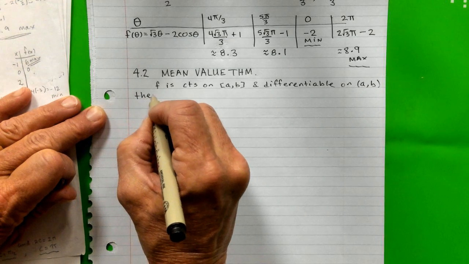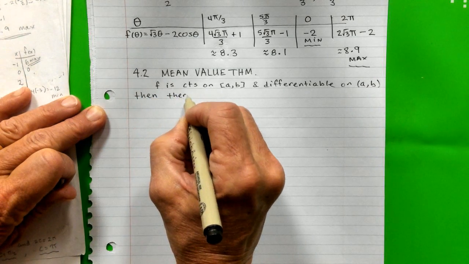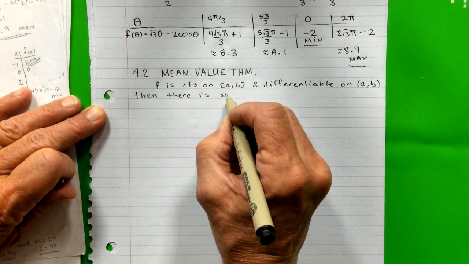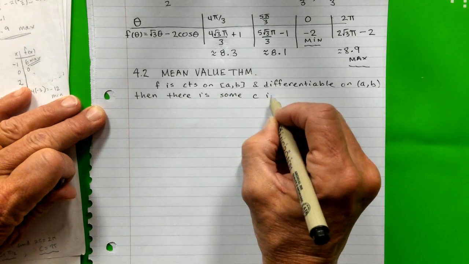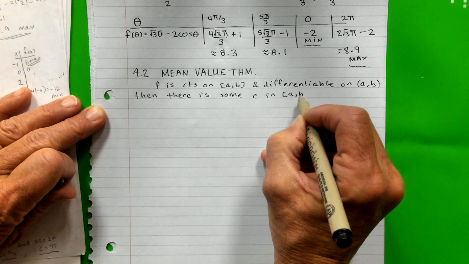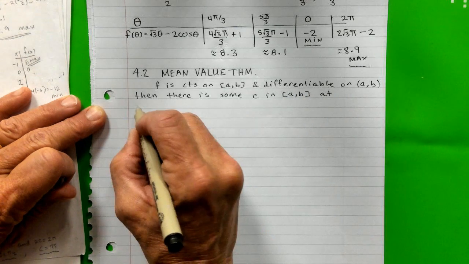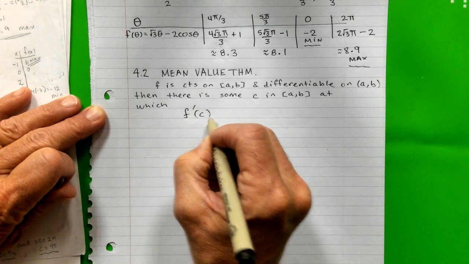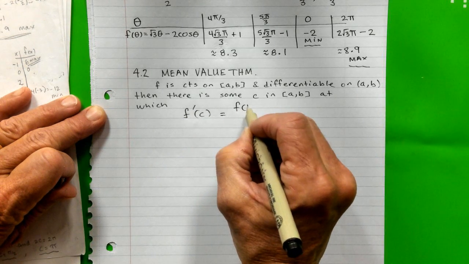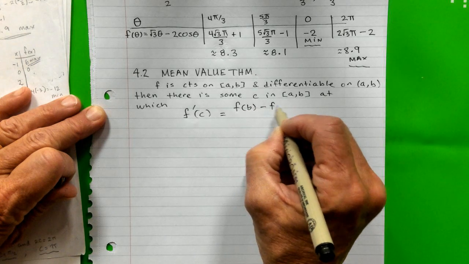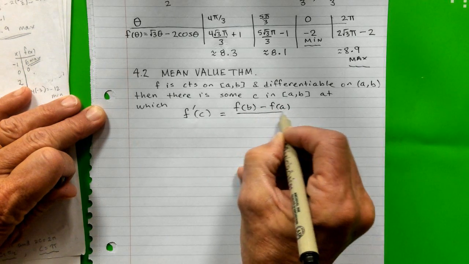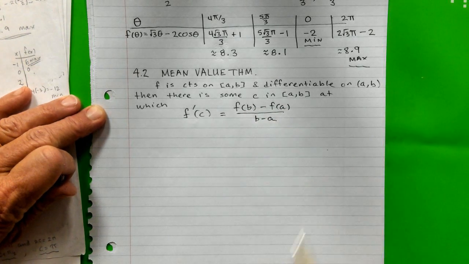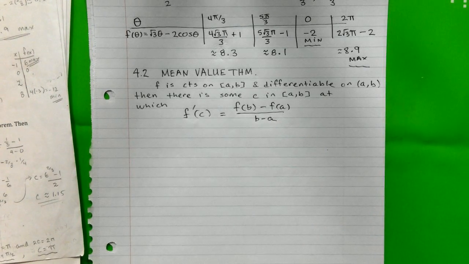Then there is some number c in the interval from a to b at which the slope of the tangent line is equal to the slope of the line through the two endpoints. Or the instantaneous rate of change is equal to the average rate of change.